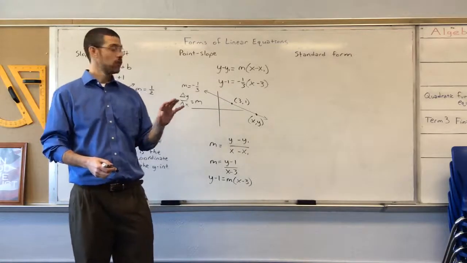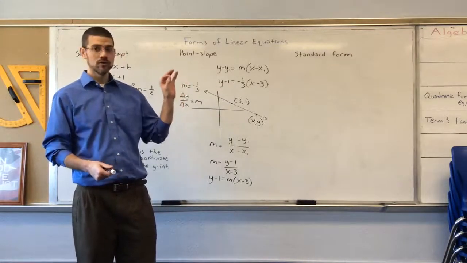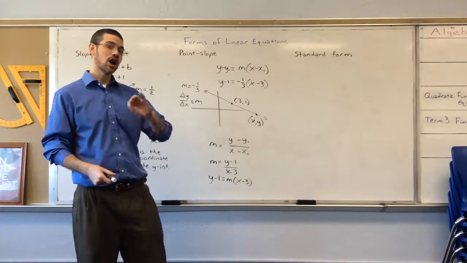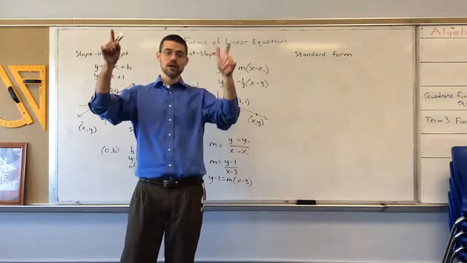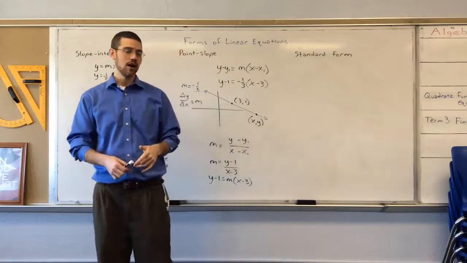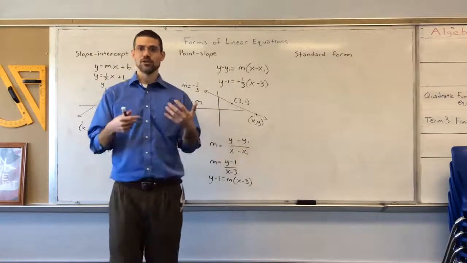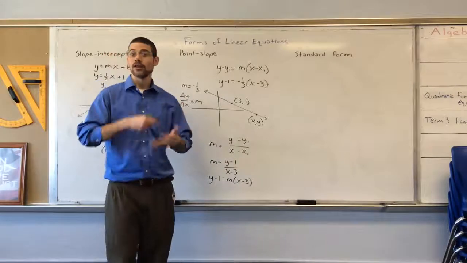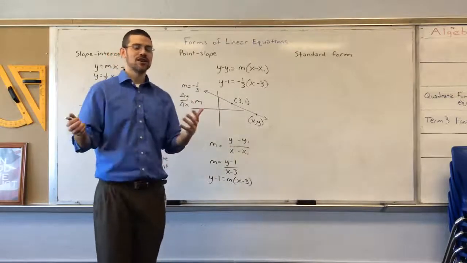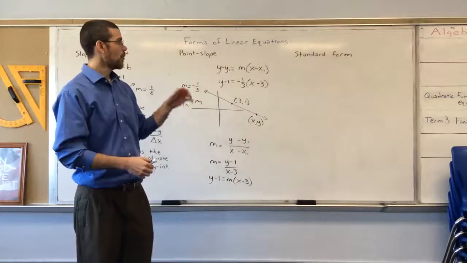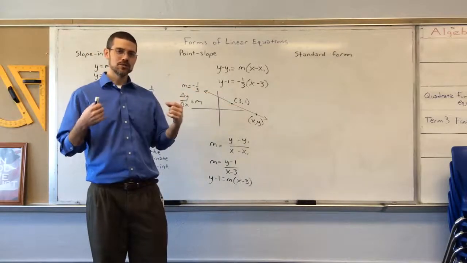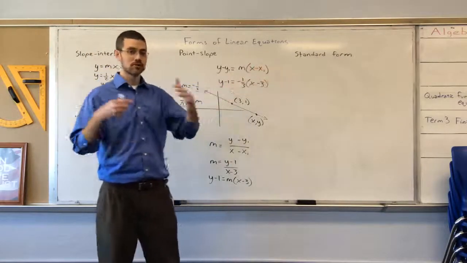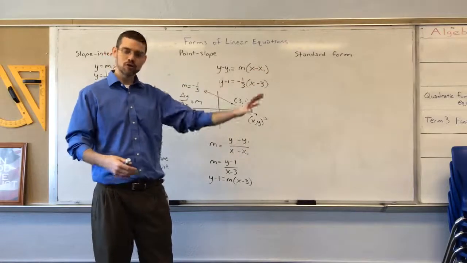But part of the purpose of learning standard form is because other equations that aren't for lines but are for curves like parabolas or ellipses, circles, sinusoidal functions, all those crazy curved things, they have standard forms too, and there'll be a relationship between this standard form and those other standard forms down the road.